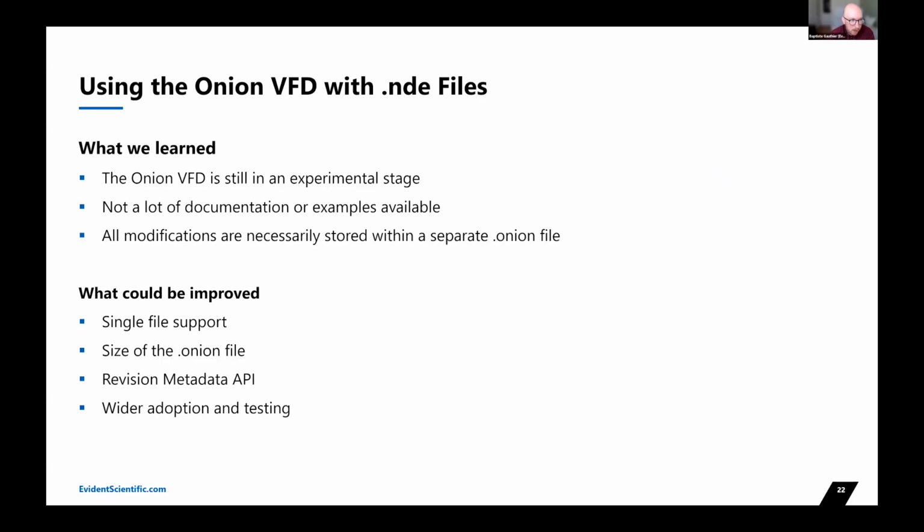So a few things we learned over this experimental implementation. First, the Onion VFD is still in an experimental stage, but again, very powerful at the moment. There is not a lot of documentation or examples available, so it took us a bit of time, especially for our students, to fully understand how it works.